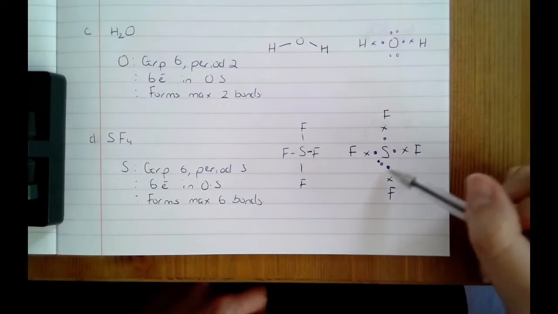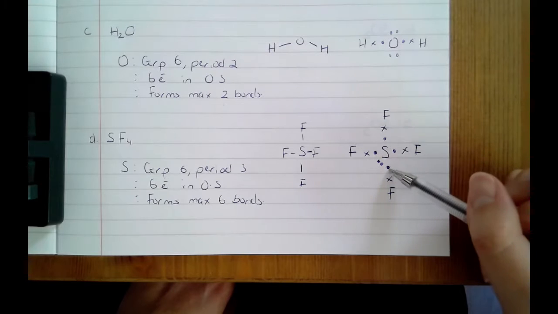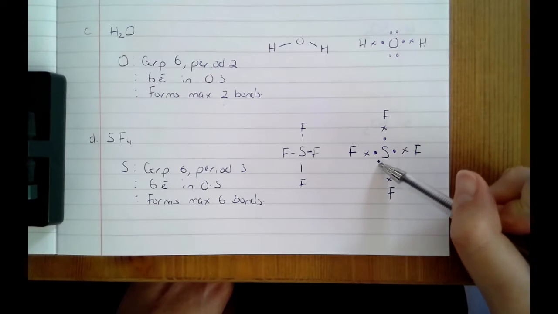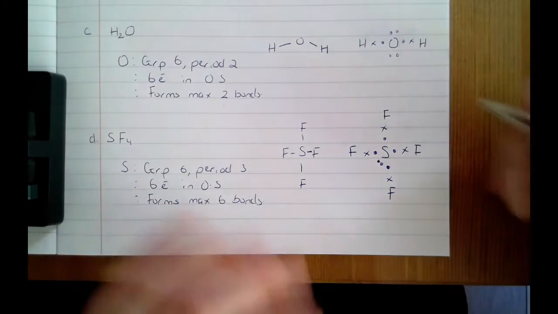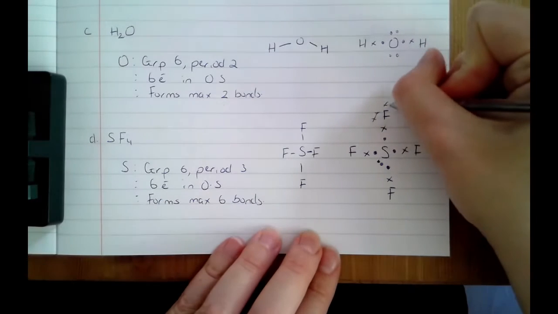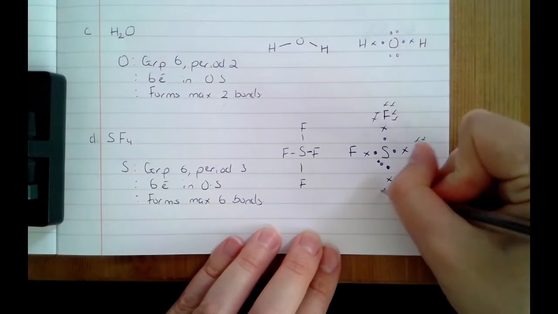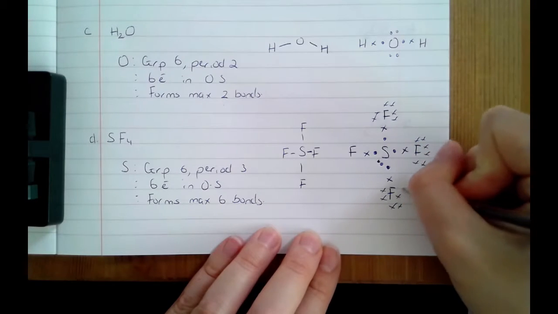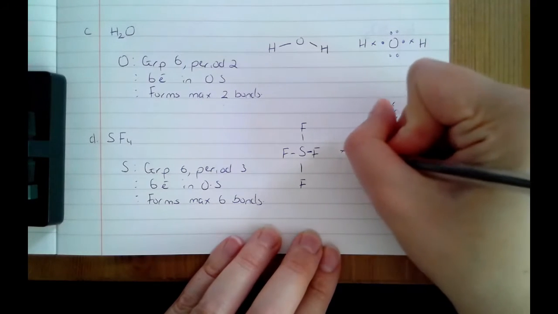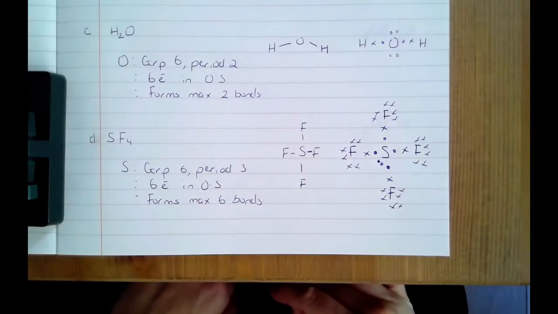So I've drawn 6 dots in total. 4 of them are involved in a bond with fluorine. 2 of them just remain sitting on sulfur. You then have to fill in fluorine's remaining electrons. Fluorine's in group 7. 7 electrons in total means that around each fluorine there should be 7 crosses.